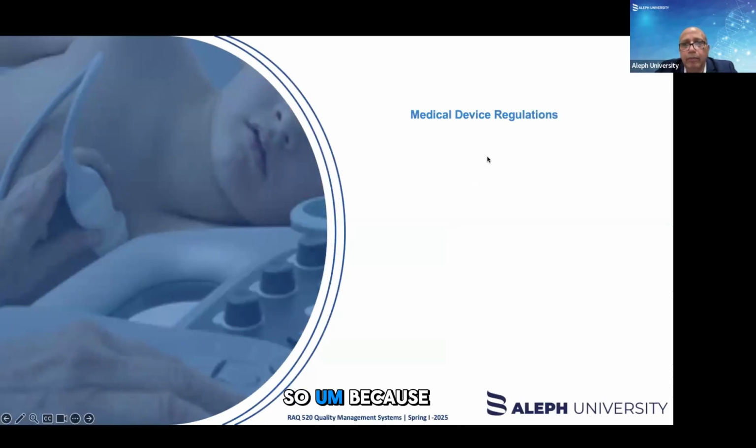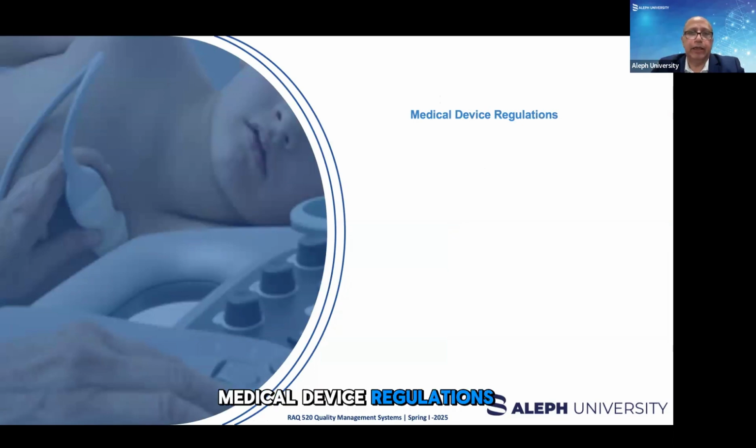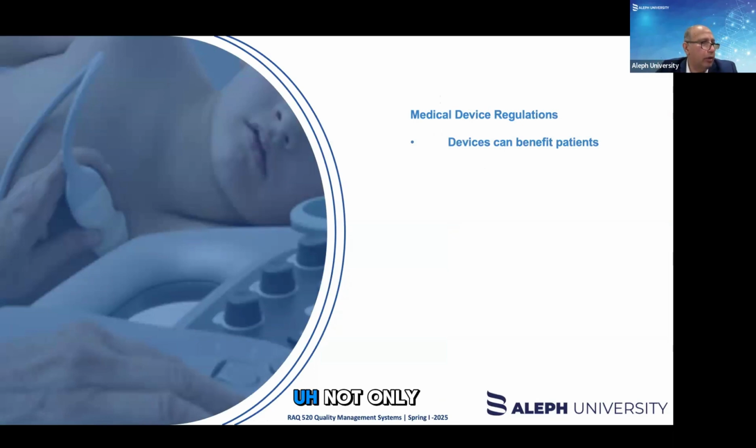Because we're managing, diagnosing and treating disease conditions and treating lives, we need strict medical device regulations. Devices can benefit patients, right? If you have a diagnostic system, it can save lives because you have a device that can tell you if you are sick, what kind of disease you have, what the degree of that sickness is, and so forth.